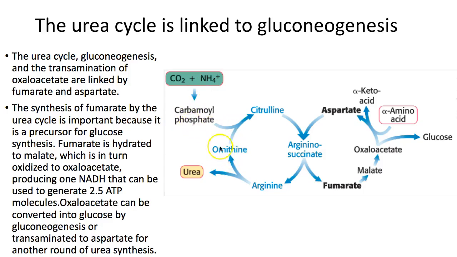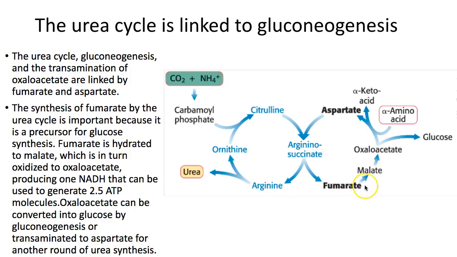It reacts with the ornithine in the mitochondria, and produces that citrulline again. That citrulline goes to the cytoplasm and reacts with the aspartate to produce that argininosuccinate. And then that argininosuccinate, you remember again, has that cleavage where you have arginine and that fumarate.